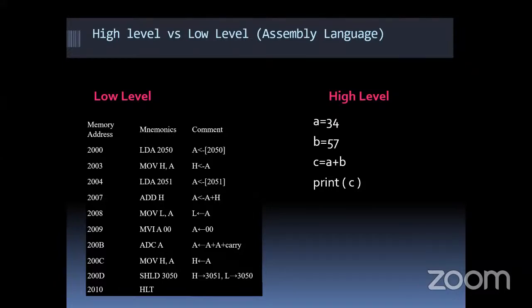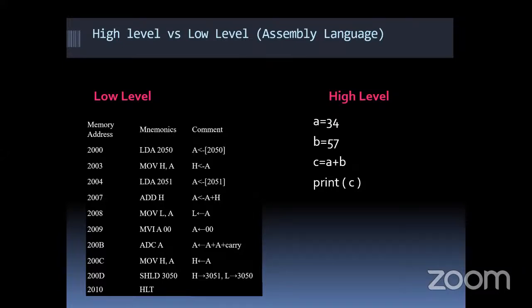We should load the numbers in memory directly and access them from the registers directly. So we should know a lot of commands first, and whether that memory is empty or not, and then we can proceed. There are so many complications in low-level languages, so they switched to high-level programming language.